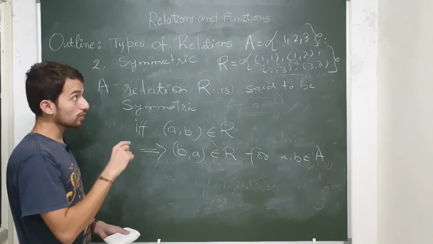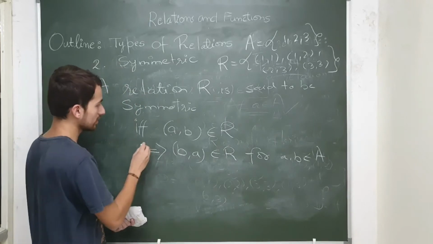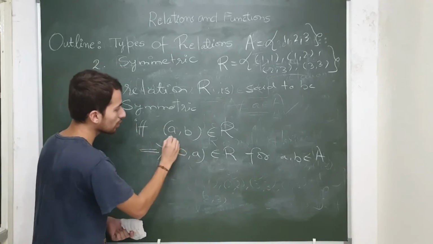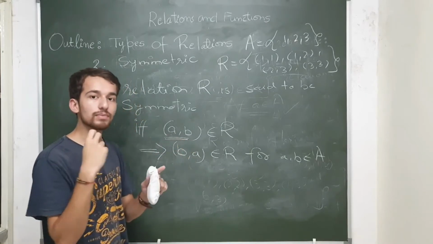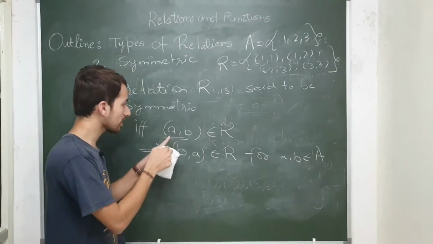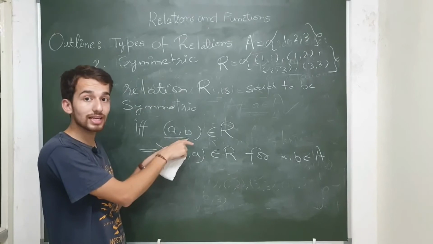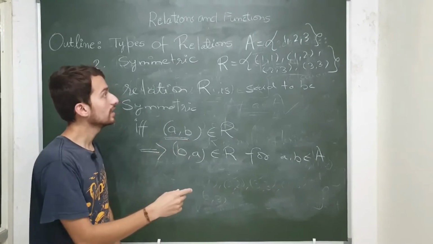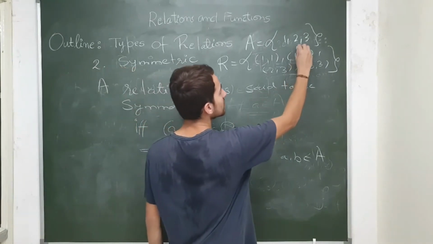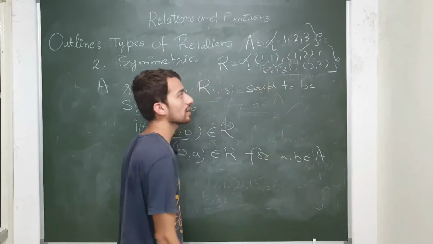Now if you observe here, you have to satisfy this condition. First you have to identify what A and B are. If you observe here, they are different elements. They are not the same. A and B are different. So what are the different possibilities? These two are different ordered pairs which you have in your relation.